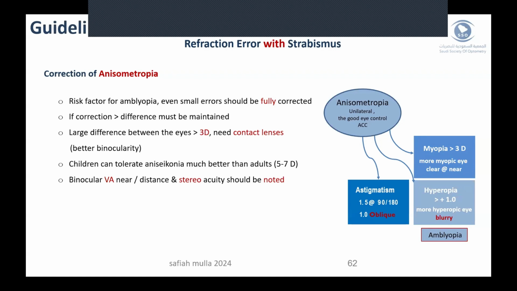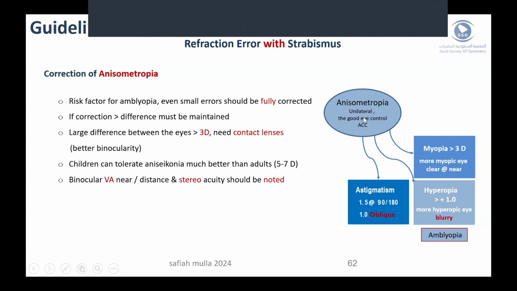However, you will be helping them through that process to tolerate it. Or if you find that it's difficult for them, then you can reduce until they reach a suitable or comfortable situation. Again, you have to be careful about the binocular visual acuity at near and distance, not just near or distance. And the stereo acuity should be noted during the treatment or management. I put this also in the chart, so that's going to be easier for everybody.